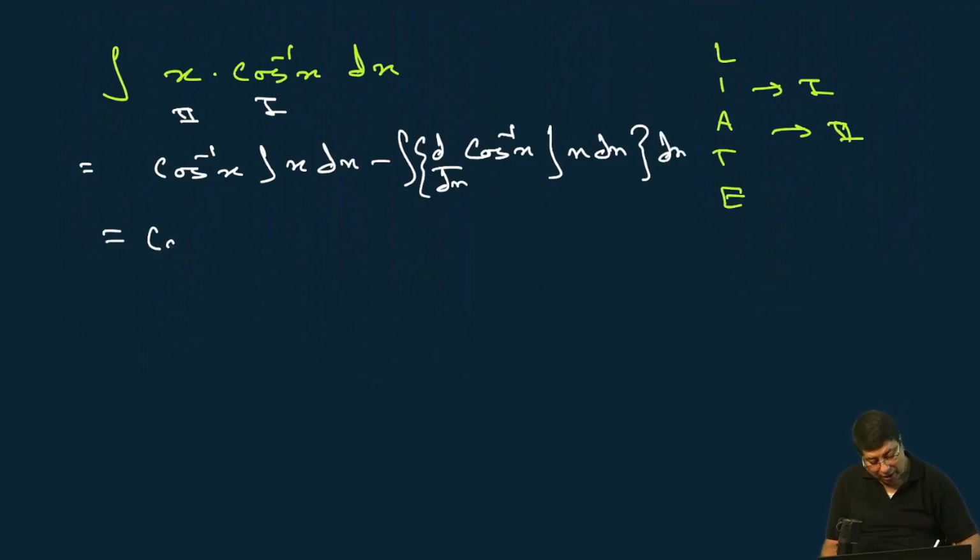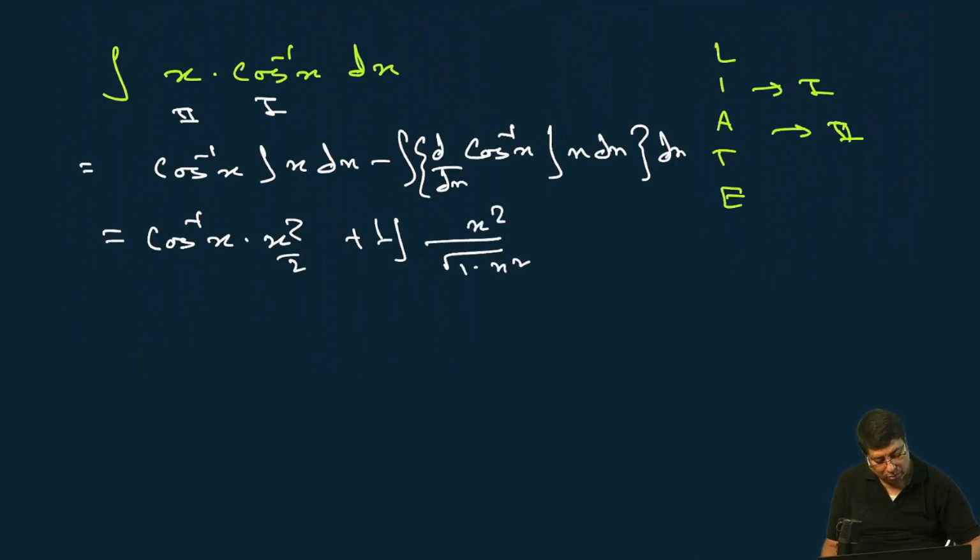So I can write here cos inverse x into x square by 2 minus the derivative of cos inverse x, which is minus 1 by root over 1 minus x square, into x square by 2. There are a number of ways to solve the sum. One popular way, once again, in this case, is to take x equal to sin theta.